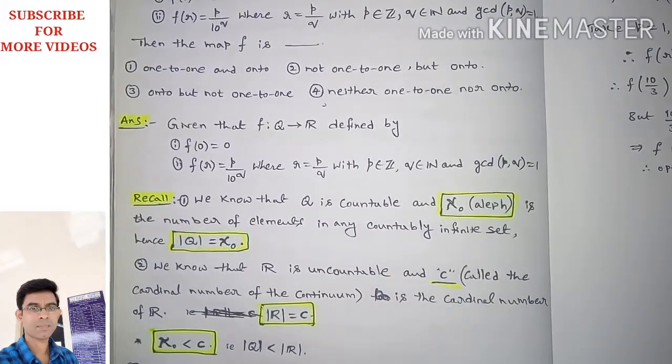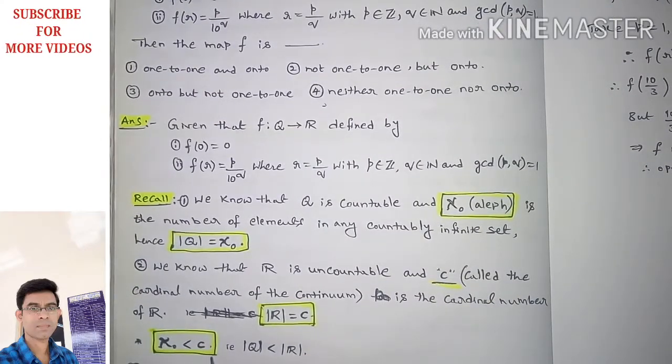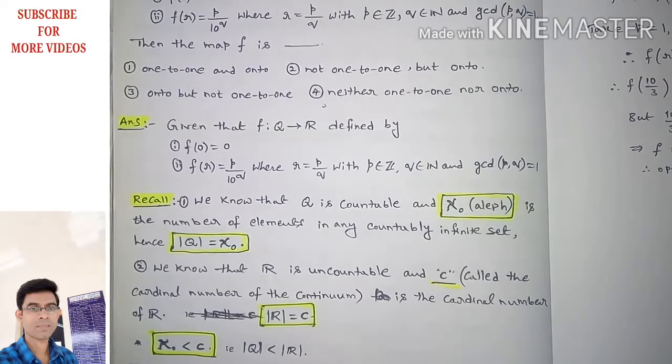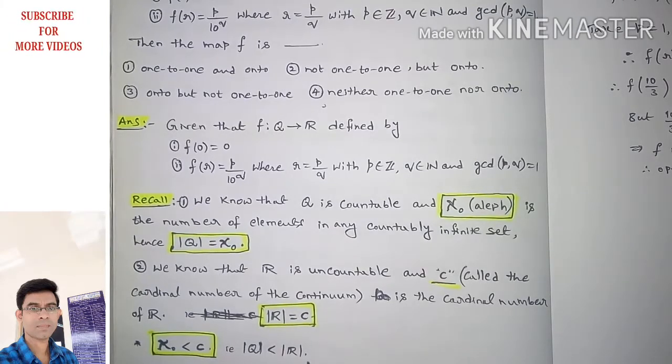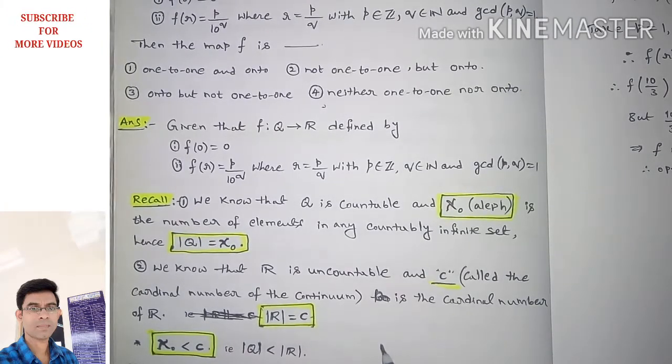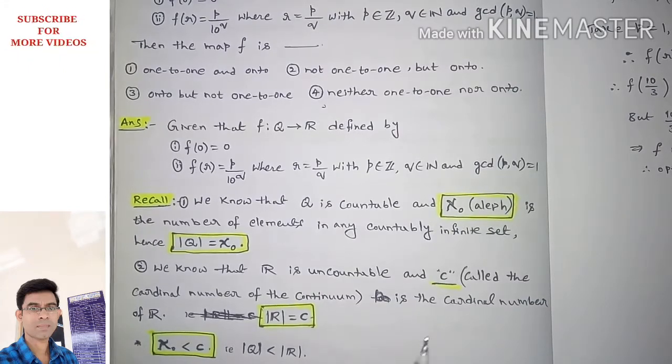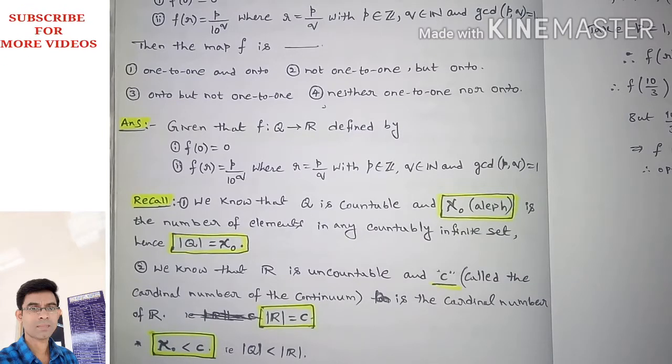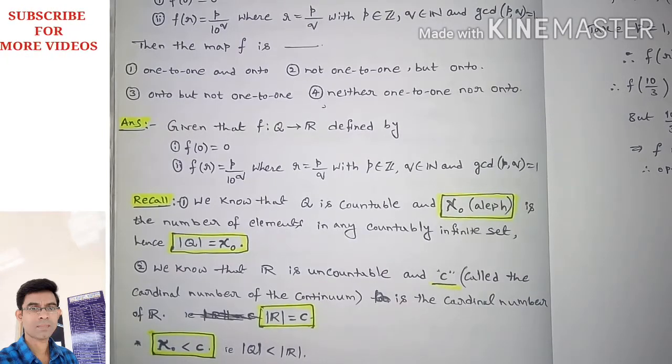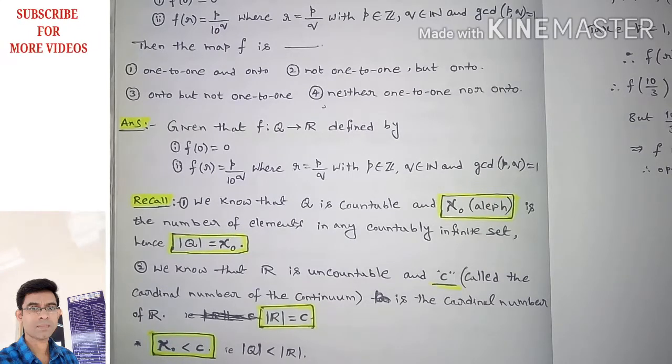And we know that aleph not is strictly less than C, that is, cardinality of Q is less than cardinality of R. At this point, we encounter one of the most famous unsolved problems of mathematics. Is there a cardinal number greater than aleph not and less than C? No one knows the answer to this question.